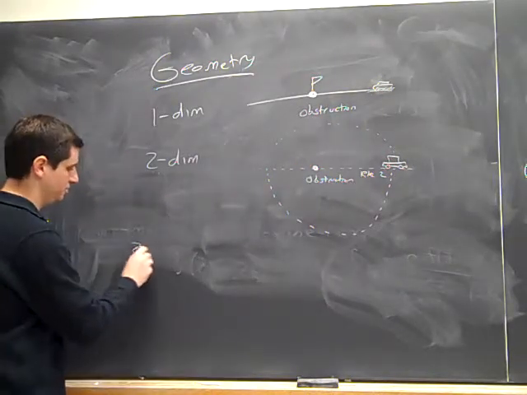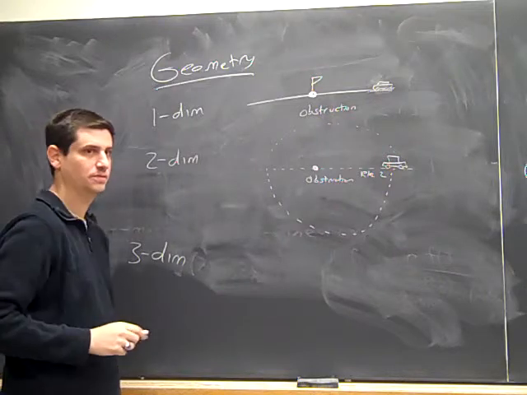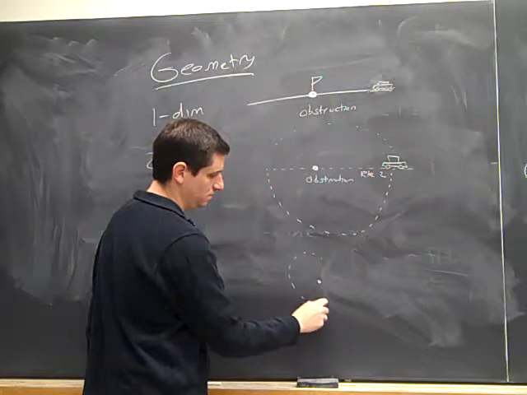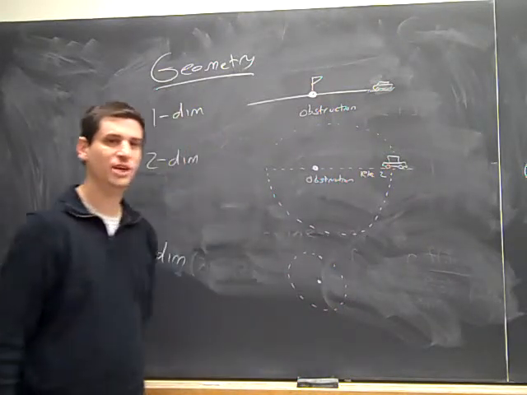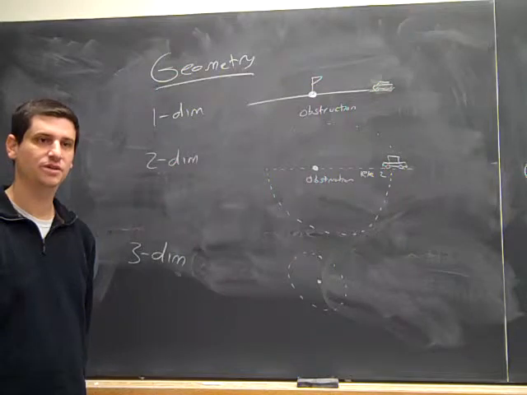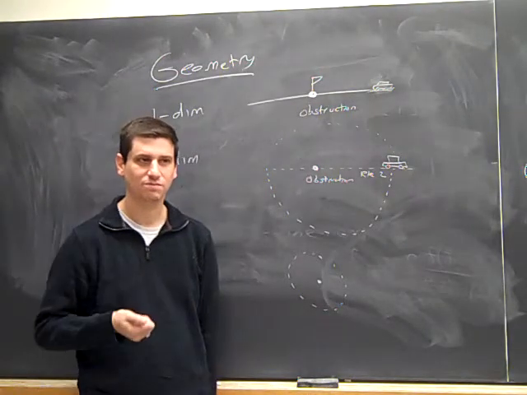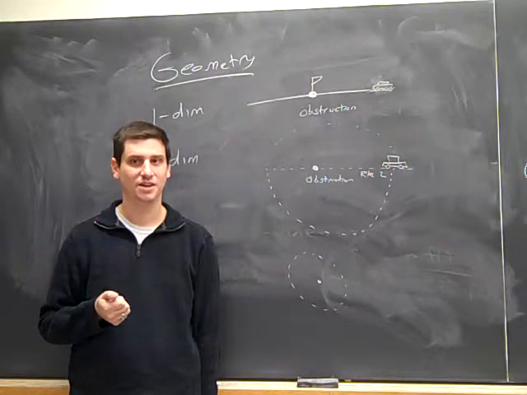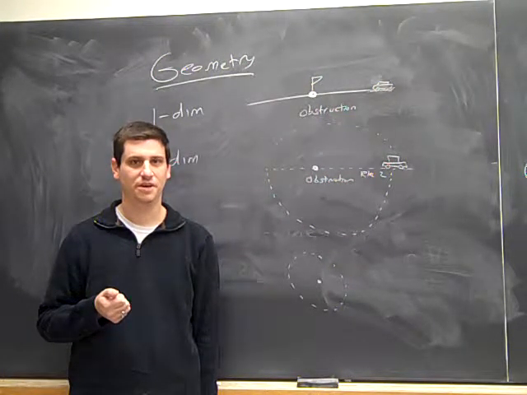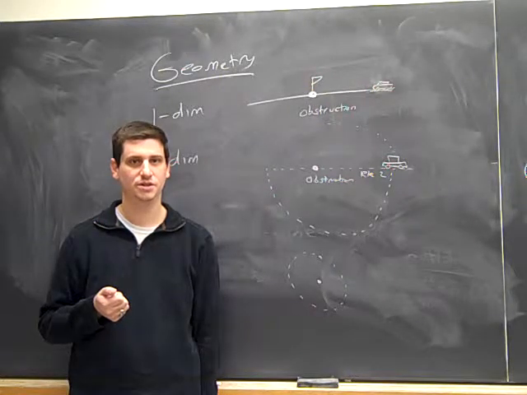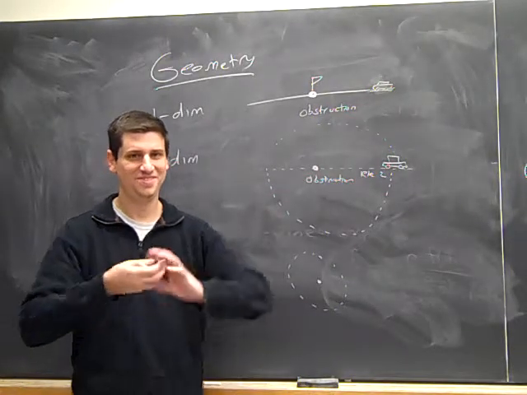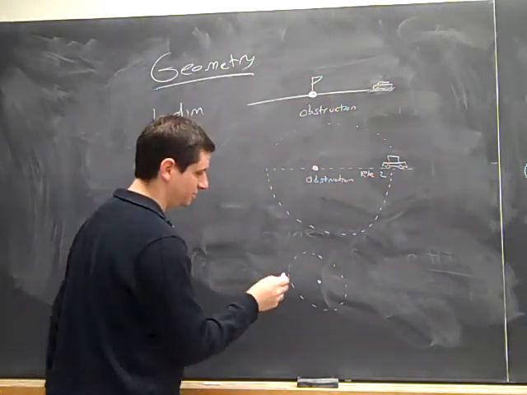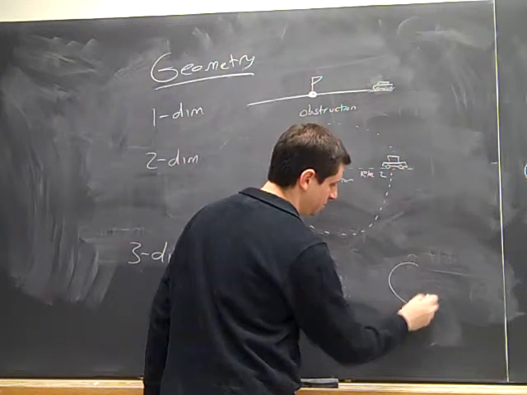What about 3 dimensions? So now I have the same situation. What can I do now? You can pretend it's a sphere. I can pretend it's a sphere. Go around the other way. Close. So I do like the idea of pretending I'm on a sphere. So I'll draw the sphere this way.